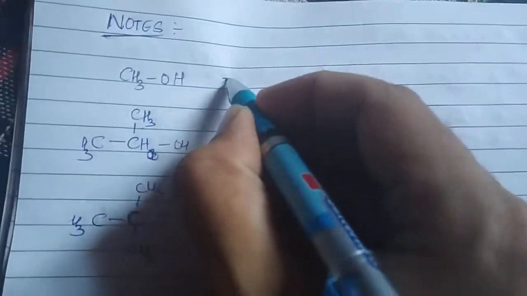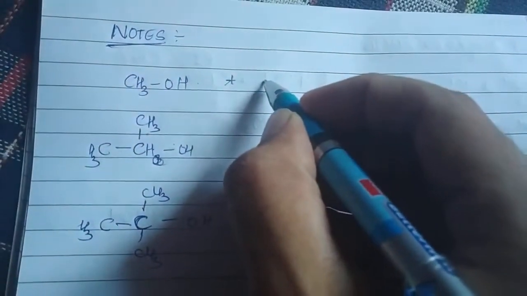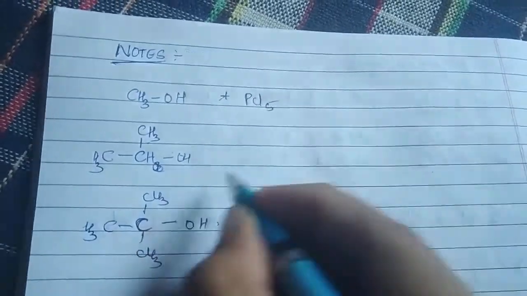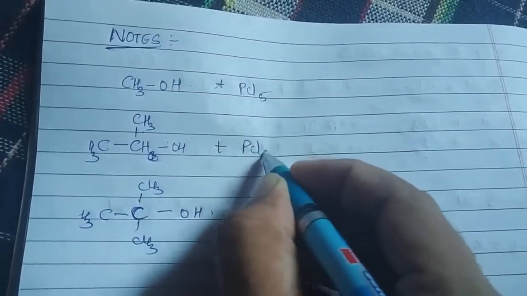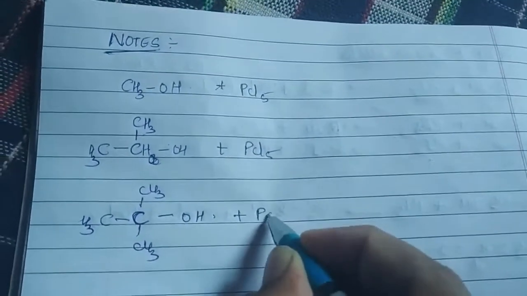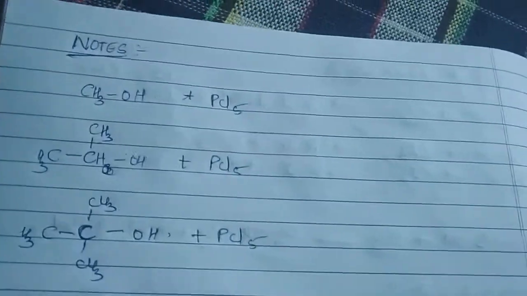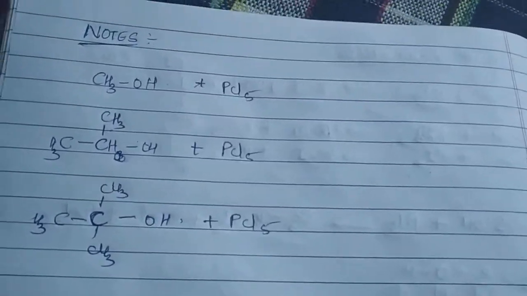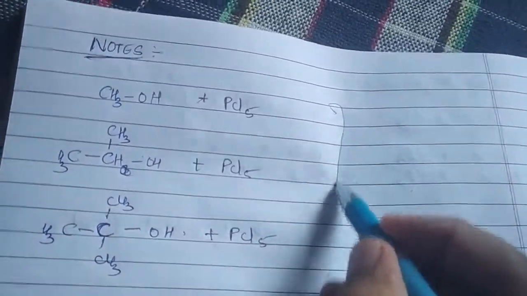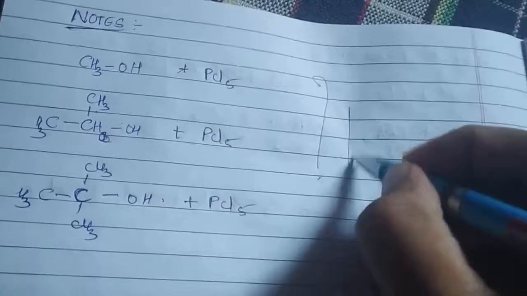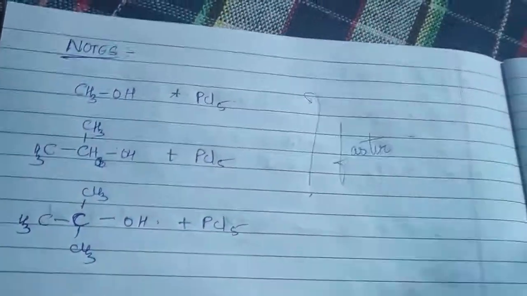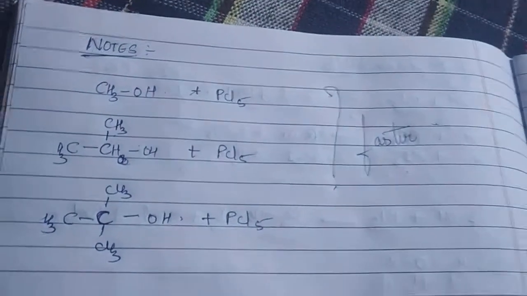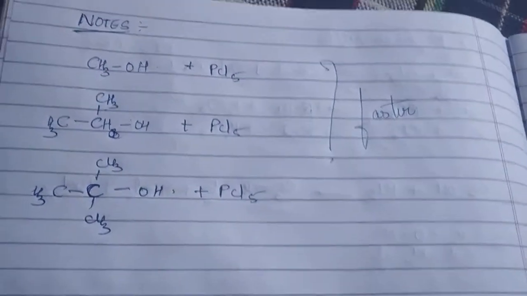In the first case, if I am going to use a reactant, say PCl5 with each of them, of course I know I am going to get my respective alkyl halides. But the question arises: within these three reactions, which one will be faster, or whose reactivity will be faster? How can I judge it? Is there any answer from your side?